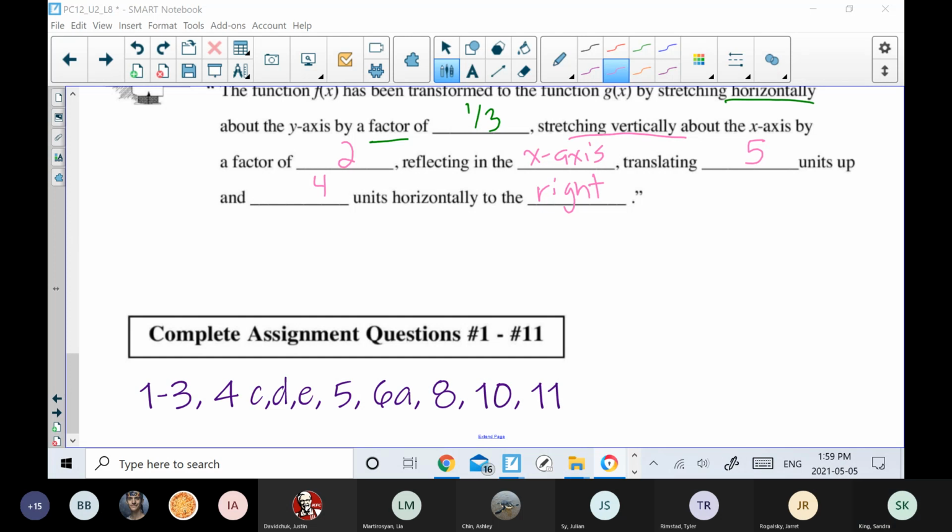I'm just looking at your note package where I wrote down homework, and I just want to see if it matches. So 1 to 3, 4, C, D, E, 5, 6, A, 8, 10, and 11. Yep, so it matches. So this is going to be your homework that you're going to do for lesson 8.